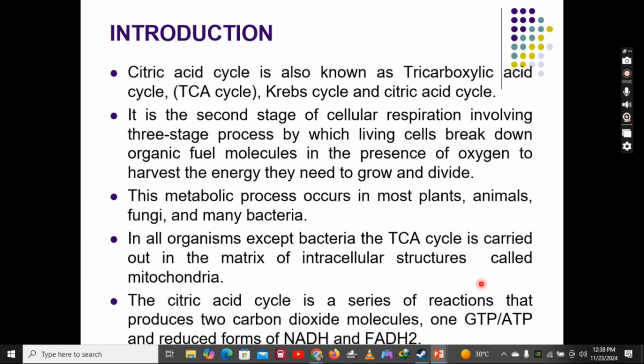Then there will be reduced forms: three molecules of NADH will be produced, and one molecule of FADH2 will also be produced.